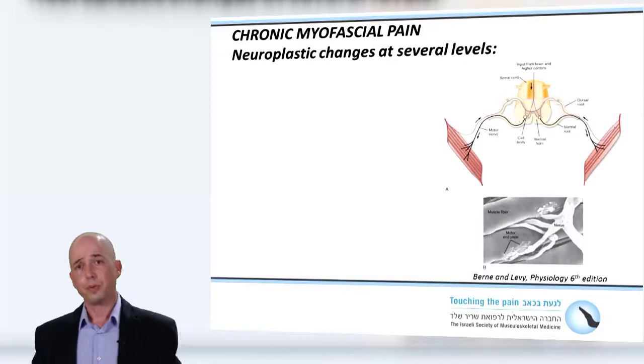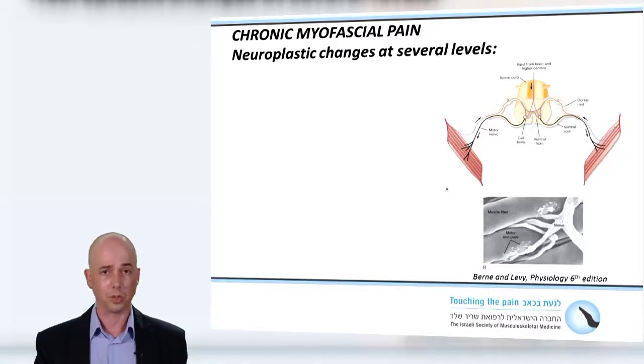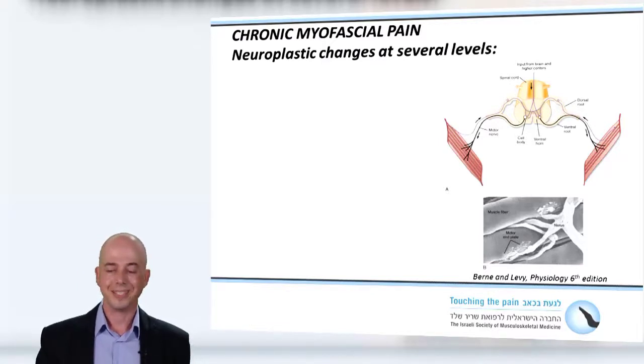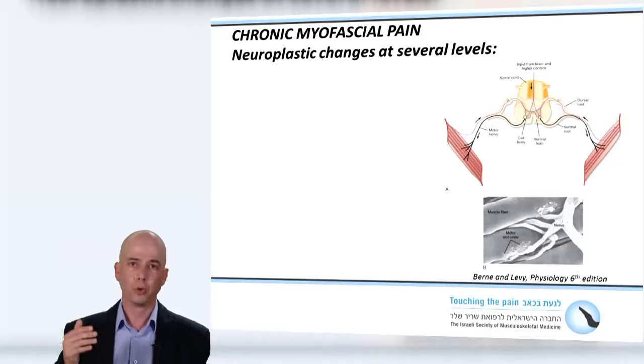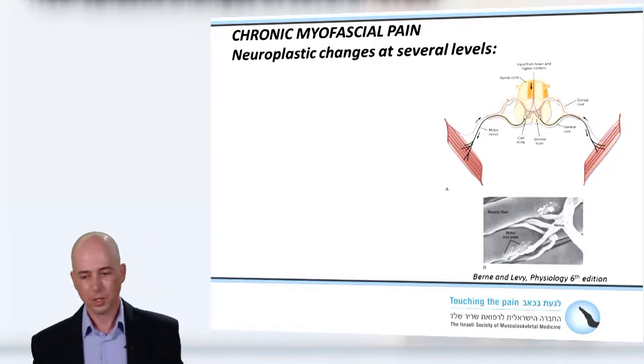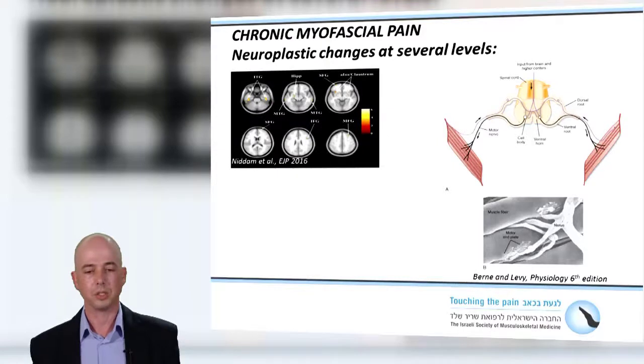First of all, in the peripheral nervous system, there are alterations both in the neuromuscular junction, in the synapses in the posterior horn of the spinal cord, and in interneurons within the spinal cords. But it's not just in the peripheral nervous system, it's also in the central nervous system.